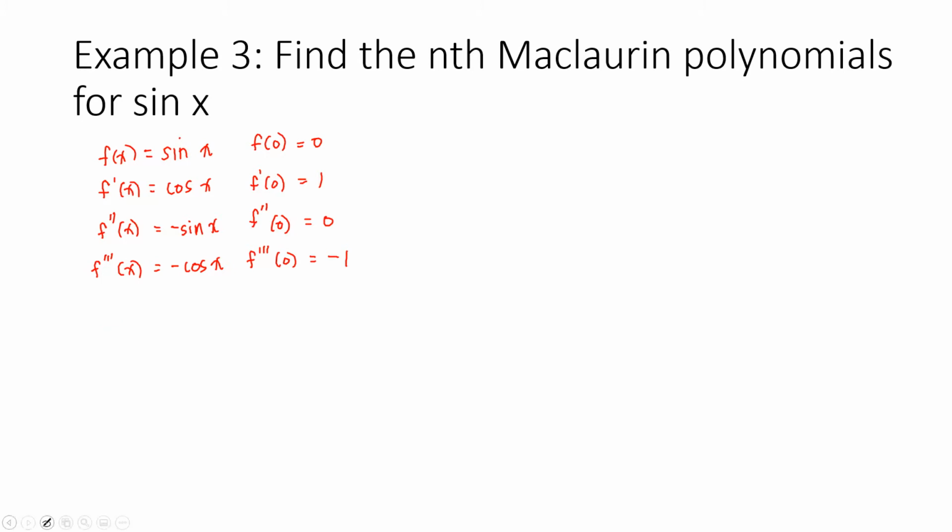It should be p sub 0 of x is equal to 0. Our p sub 1 of x would be equal to 0 plus x. Our p sub 2 of x is equal to 0 plus x plus 0.